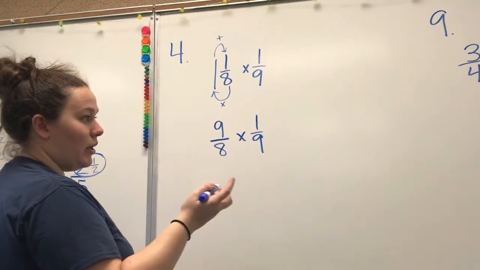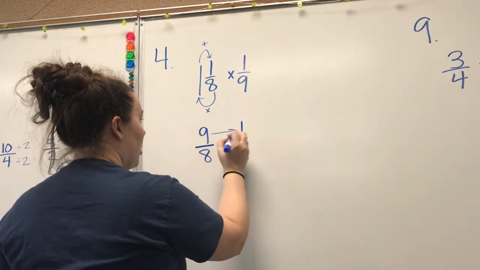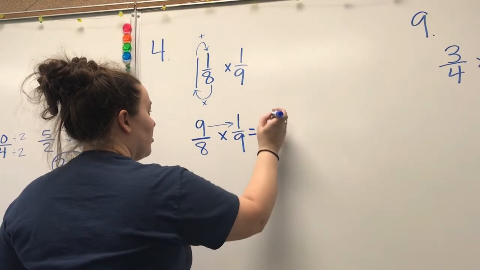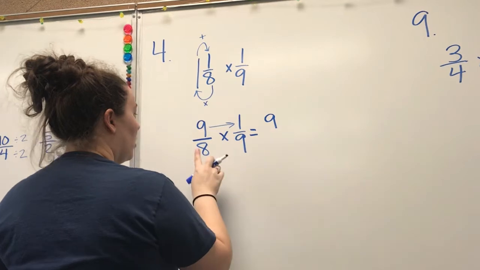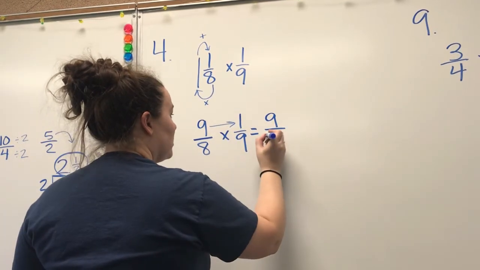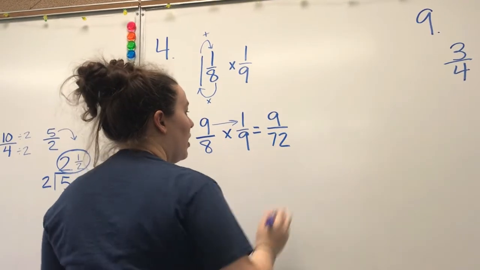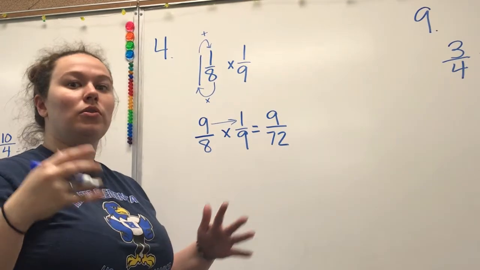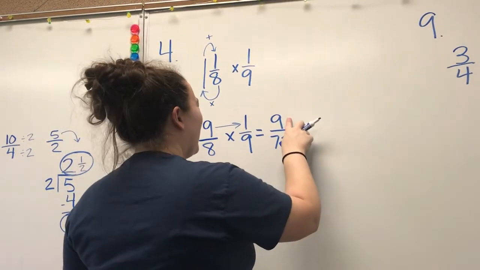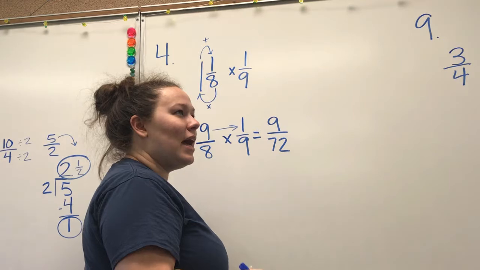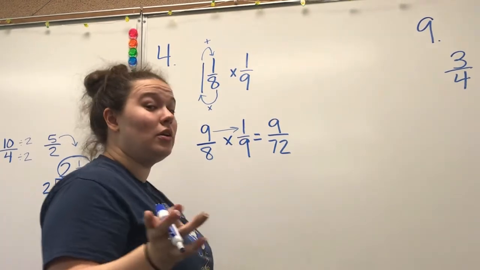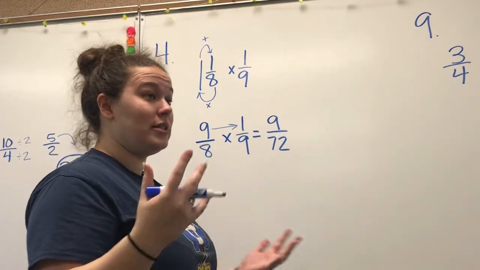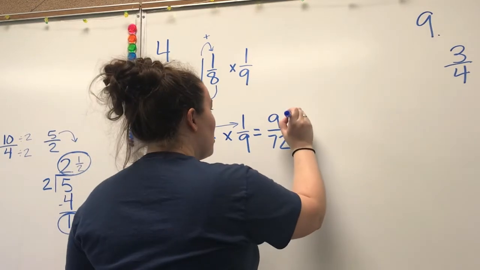and then following our rules, multiply straight across. 9 times 1 is 9, 8 times 9 is 72, and then you have to reduce, reduce, reduce. 9 and 72. I know that they have a similar factor, and you can also check your hundreds chart to see what number they have in common.